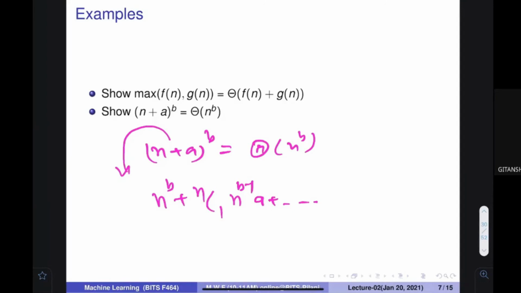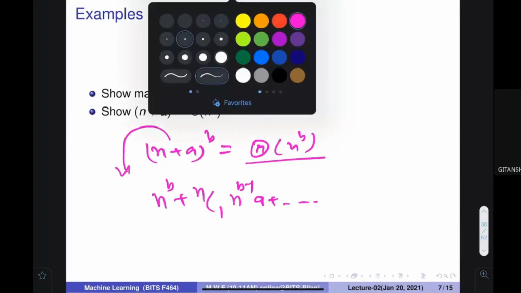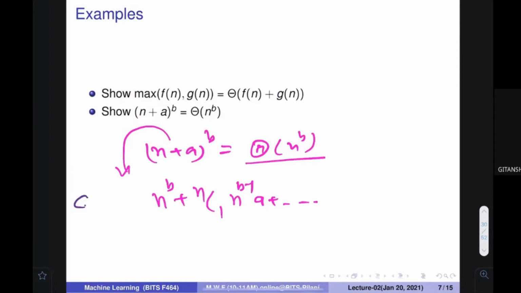To show that this is theta of n to the power b, you need a constant c1 such that if you multiply it with n to the power b, it is less than this. And you also need another constant c2 such that if you multiply this with n to the power b, it is greater than this.